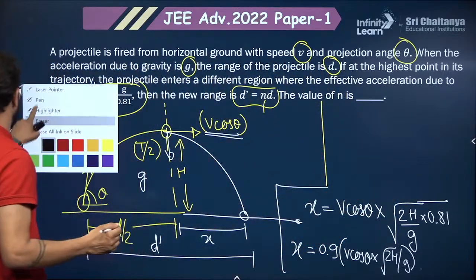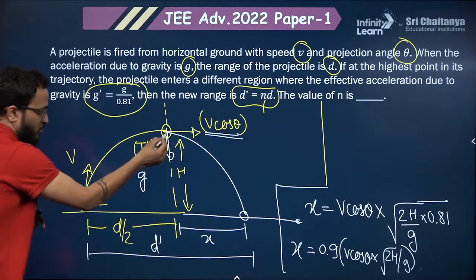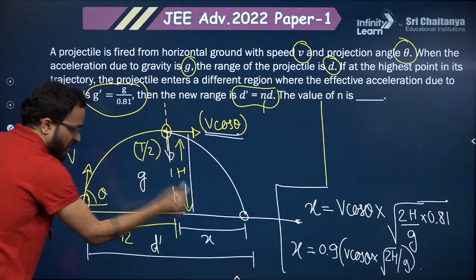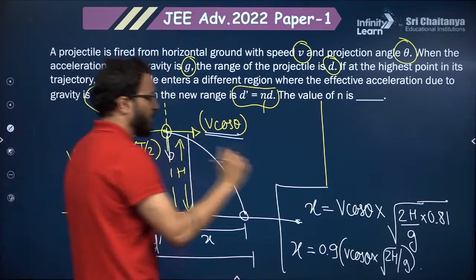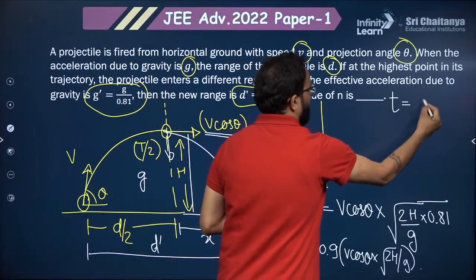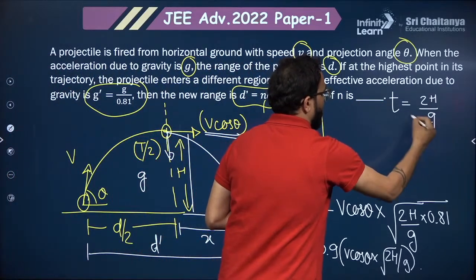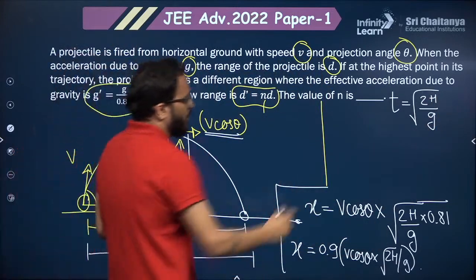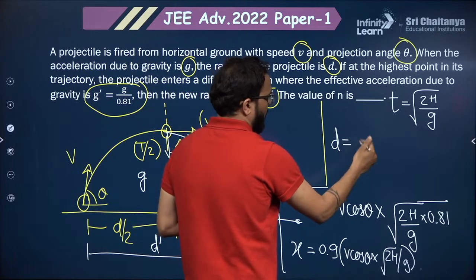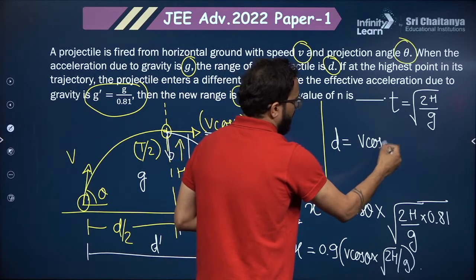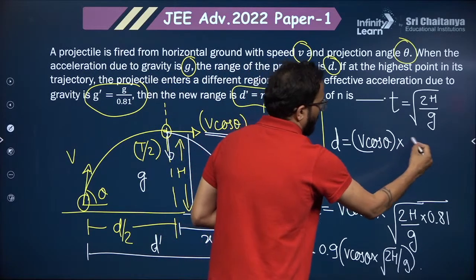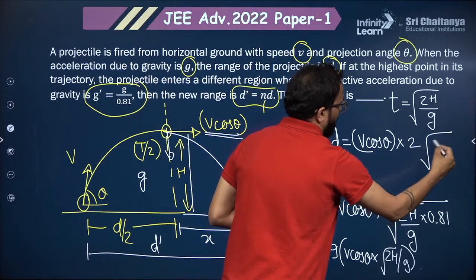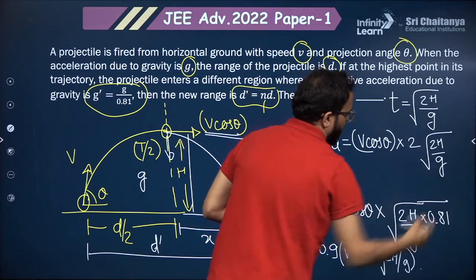Okay, wait a second. See, just to come down, it takes root over 2h by g time. So let's write down that time as root 2h by g. This is the time to either go up or come down, right? Now d is what? V cos theta into 2 times root over 2h by g.